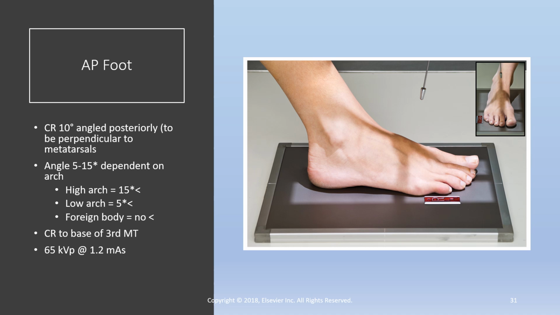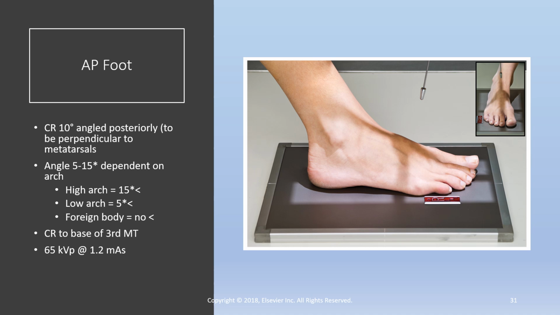You would likely be on a 10 by 12 portrait, again, with the long axis of the part running parallel to the long axis of the IR. I would suggest that you place the patient supine for this if it doesn't have to be a standing view. I would tell them to lie on their back.